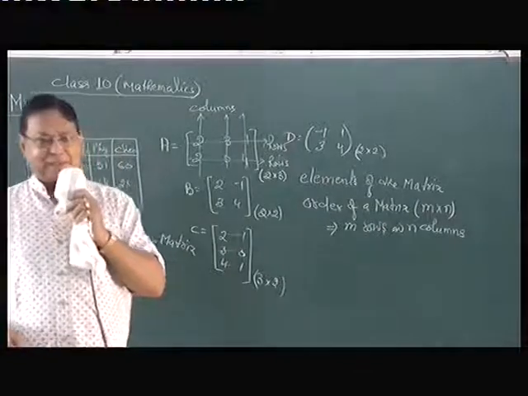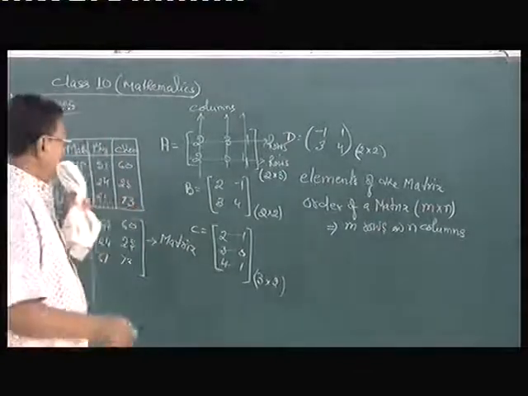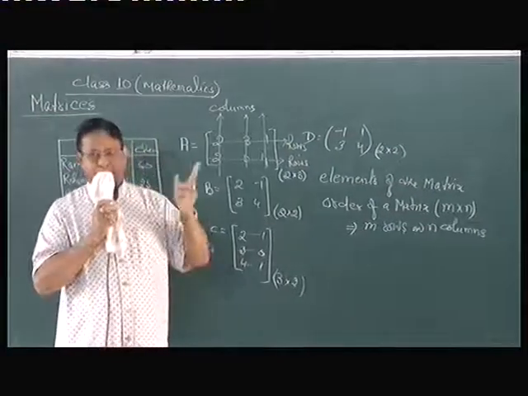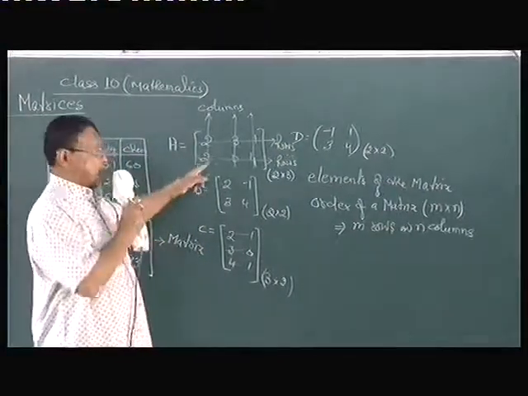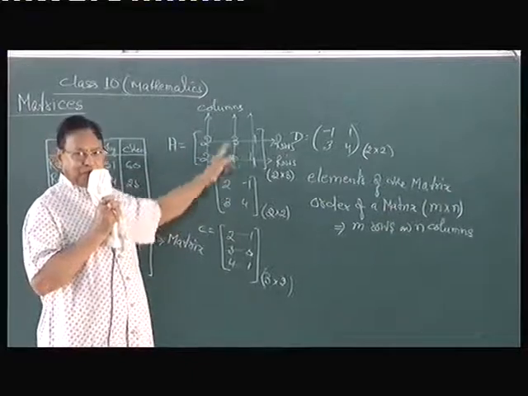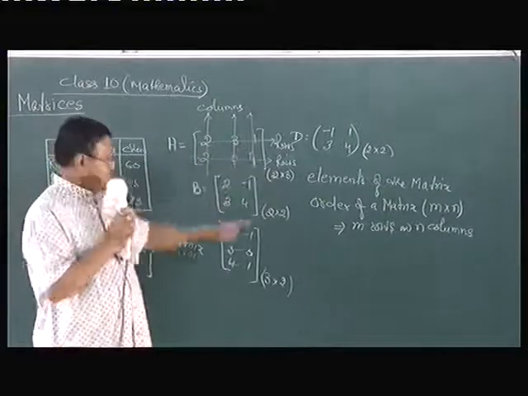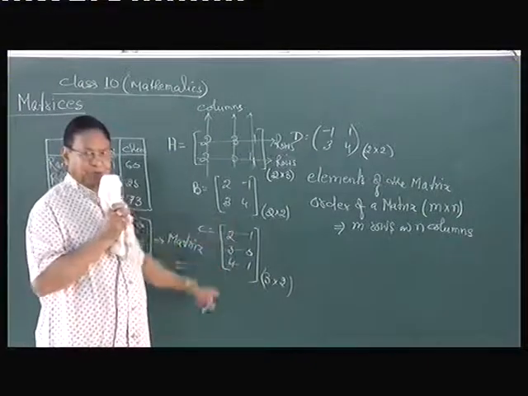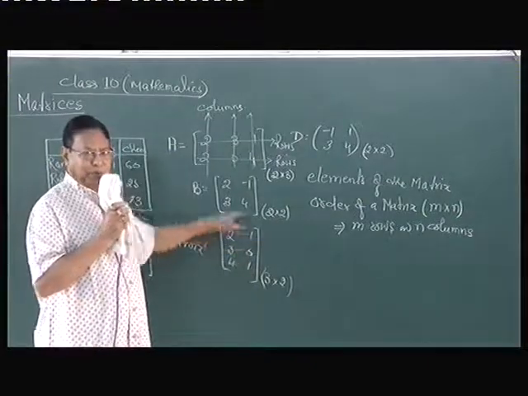Now I come to different types of matrices. So first, I said rectangular arrangement. A matrix where the number of rows differs from the number of columns. The first one, number of rows 2, number of columns 3. Third one, C, number of columns 2, number of rows 3.